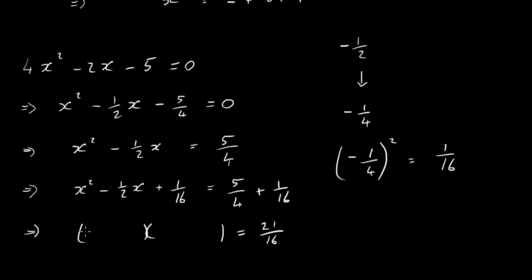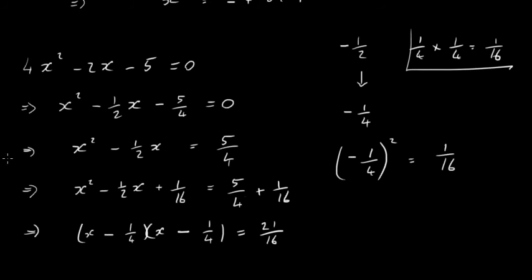Okay, so factorize the x here, that'll give us x times x. Factorize the 16, so that's going to be 1 over 4 times 1 over 4, which will give us 1 over 16. Now we want a plus 1 over 16, so it has to be plus plus or minus minus. Because we want a minus a half here, it's going to be minus and minus here.